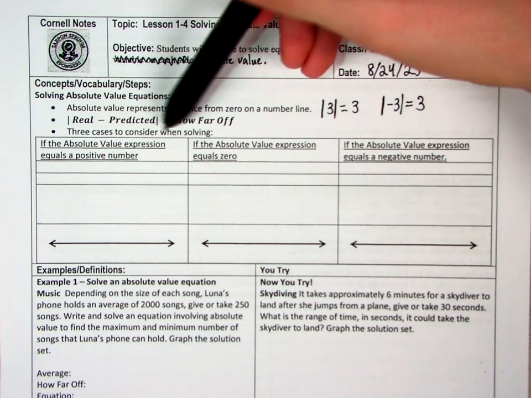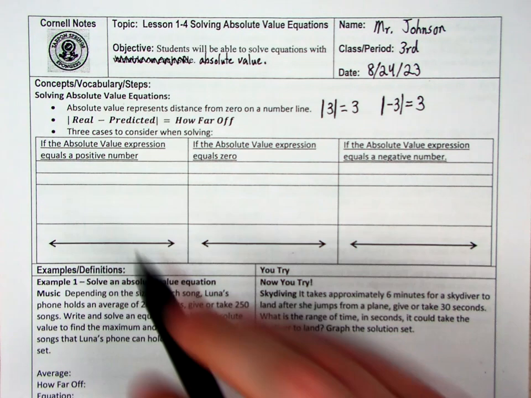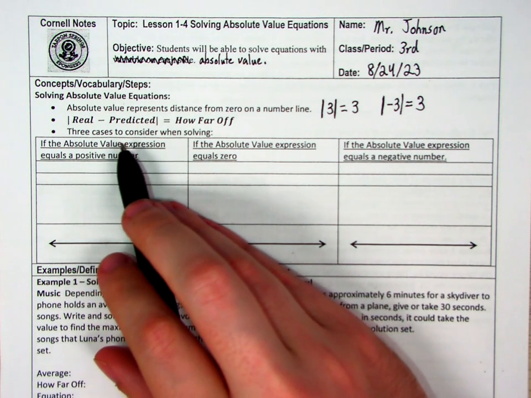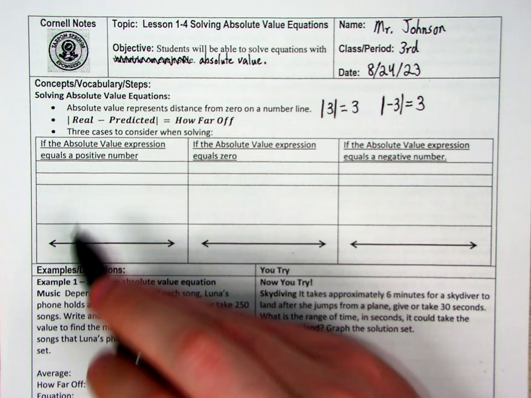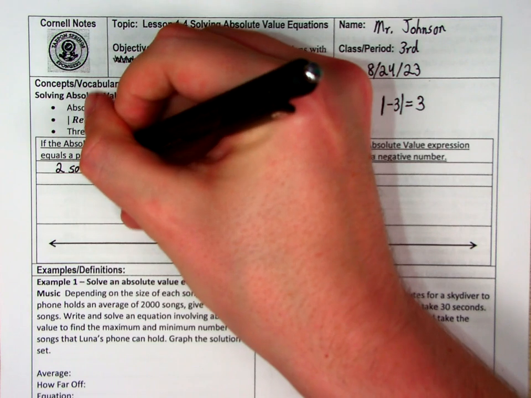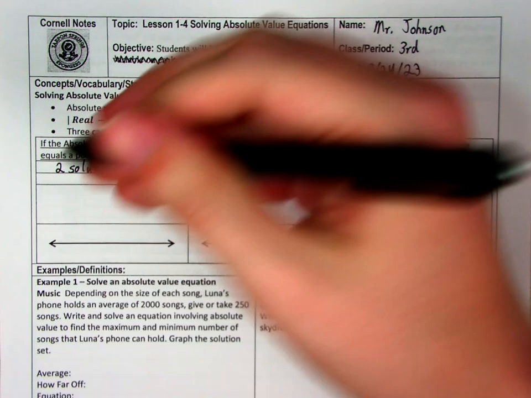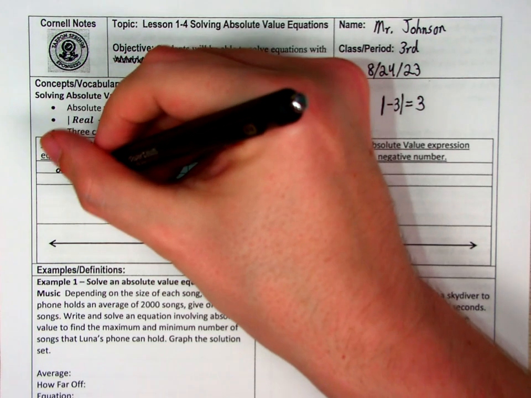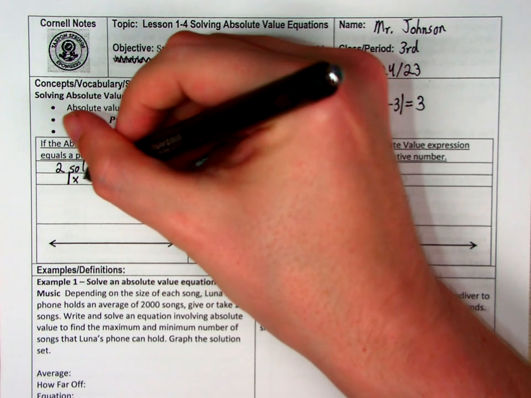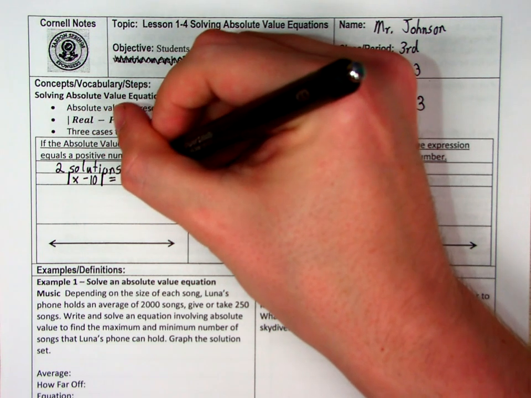There are 3 cases to consider when solving. First case is if the absolute value expression equals a positive number. If our absolute value expression equals a positive number, we will have 2 solutions. An example equation would be the absolute value of x minus 10 equals 4.